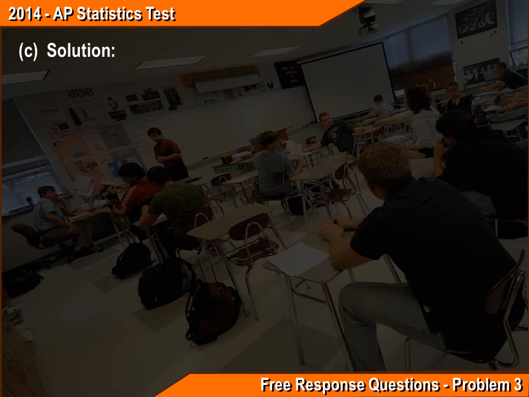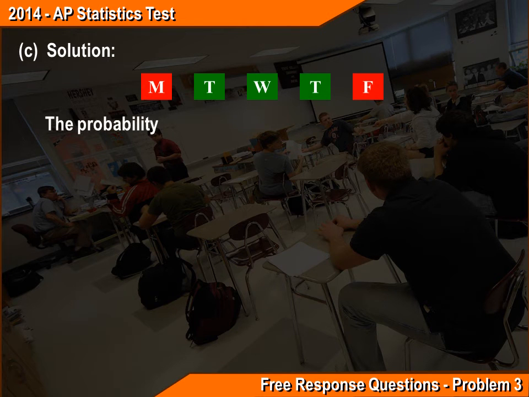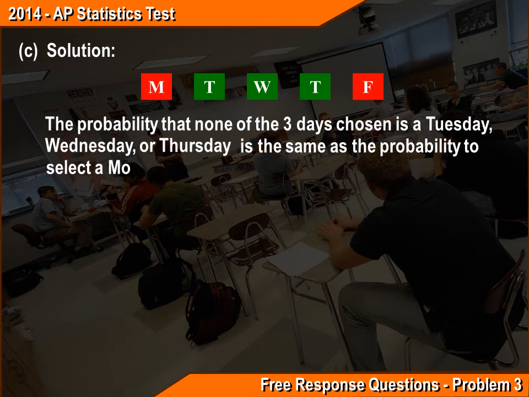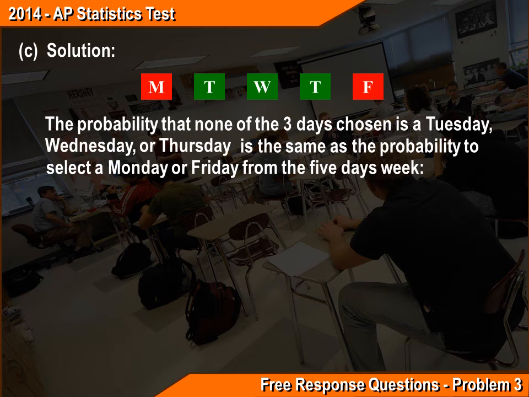Let's represent graphically the school week with the critical days in red. The probability that none of the 3 days chosen is a Tuesday, Wednesday, or Thursday is the same as the probability to select a Monday or Friday from the 5-day week. In this case, the probability to select a Monday or Friday is 2 out of 5, or 0.4.